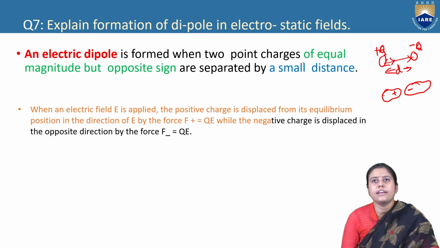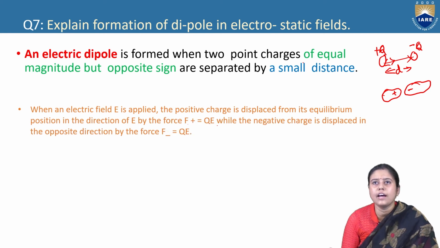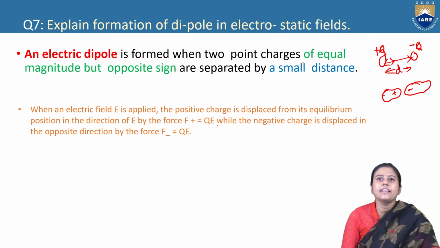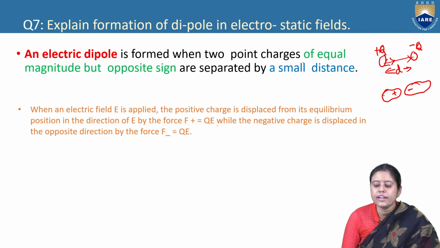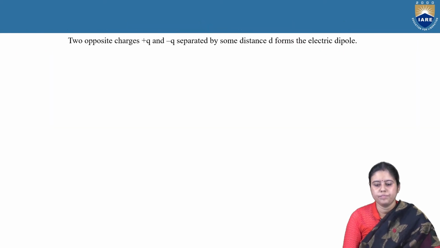So when an electric field E is applied, the positive charge is displaced from its equilibrium position in the direction of E by the force F plus equal to QE, and for the negative charge the force is equal to minus QE. This is the dipole.